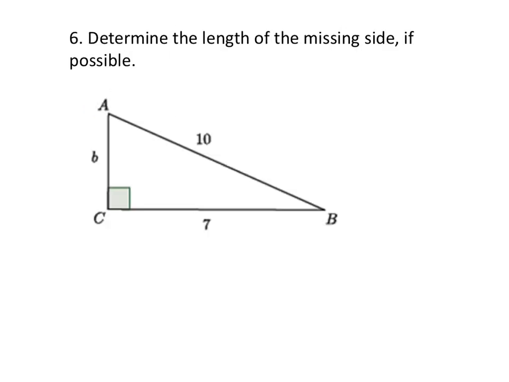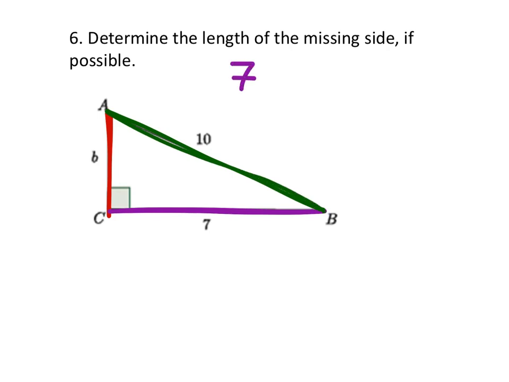Alright, determine the length of this missing side, which is B right there. And then I've got this length of the other leg in purple, and then the hypotenuse in green. So if I take the leg in purple, and the red leg is B, with the hypotenuse at 10.